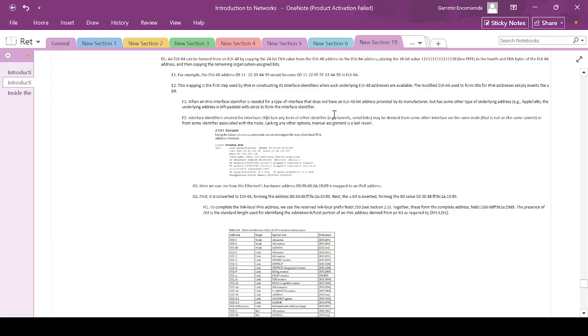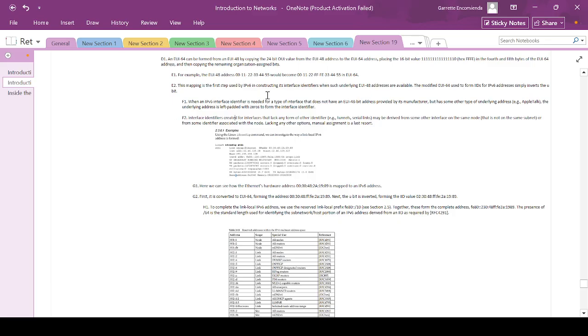If the interface identifier is needed for a type of interface that does not have EUI, so if the interface in the network device does not have this EUI 48-bit address assigned by its manufacturer or by the router, but has some other type of underlying address, the underlying address is left padded with 0 to form the interface identifier.